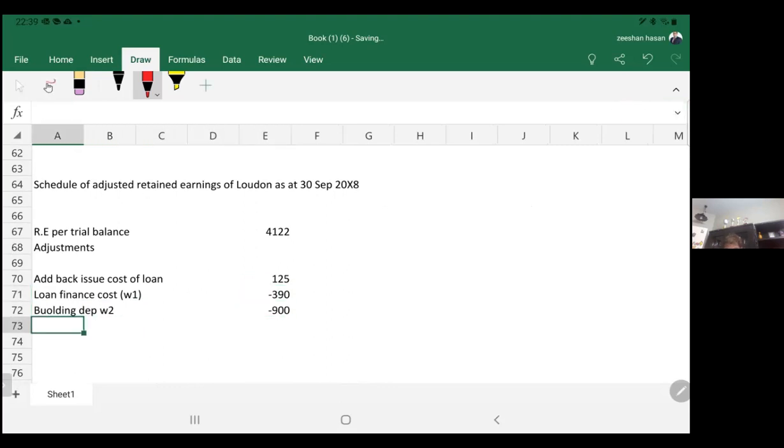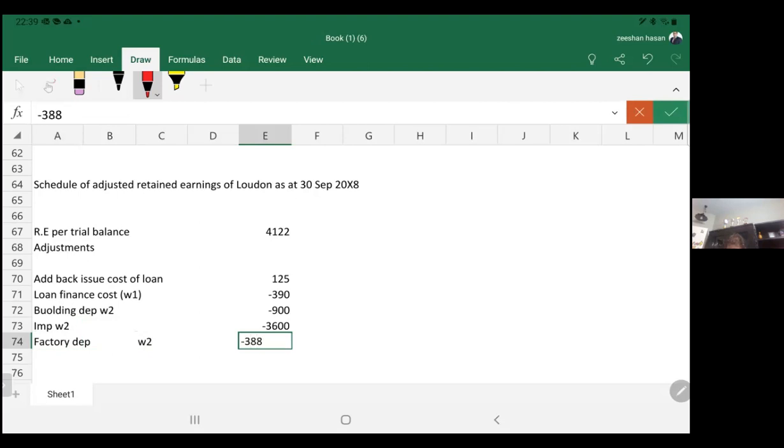Now, impairment, working two, 3600. Factory depreciation, working two, minus 3885.